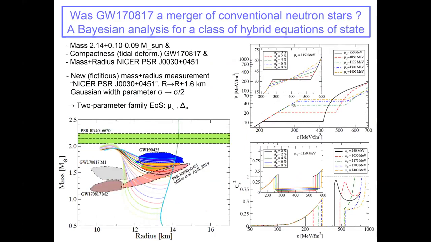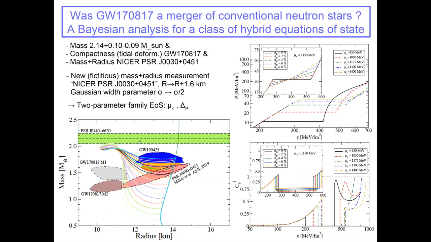So here on the right-hand side, you see pressure versus energy density, where the plateau type equation of state with constant pressure in the mixed phase is ordinary Maxwell construction. The pasta-like construction has the slope in the transition region. And the corresponding speed of sound then is not zero in the phase transition region, but it is finite in the phase transition region.